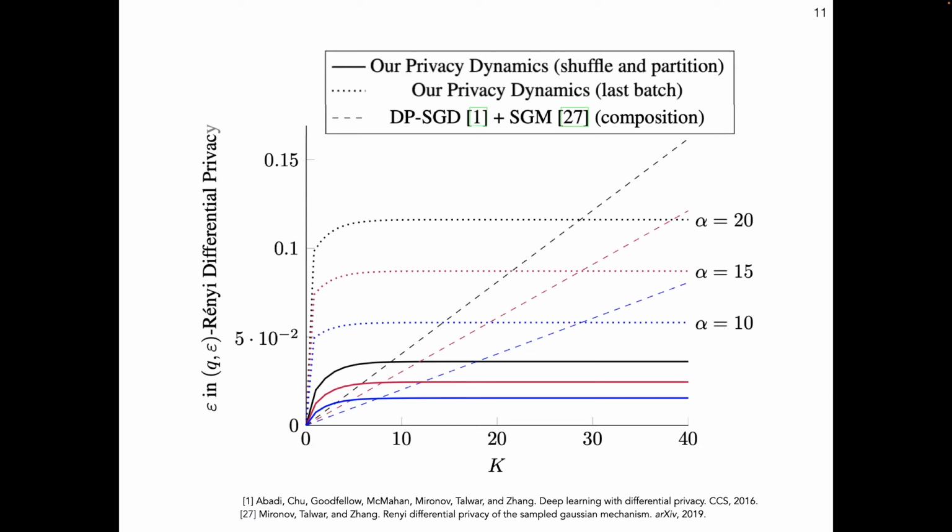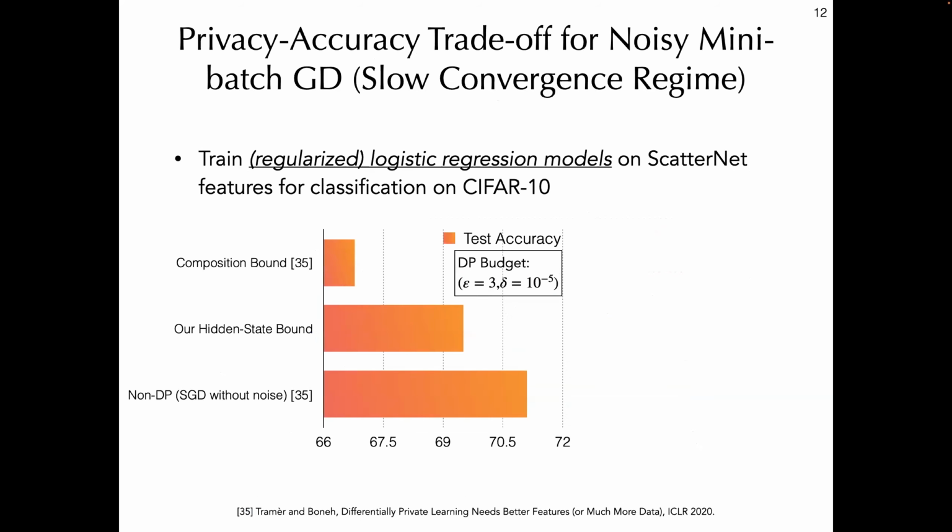So now that we have obtained a privacy bound that is tighter than composition in the large epoch regime, we can return to our central problem, which is, does this privacy bound enable a better privacy accuracy trade-off for learning tasks?